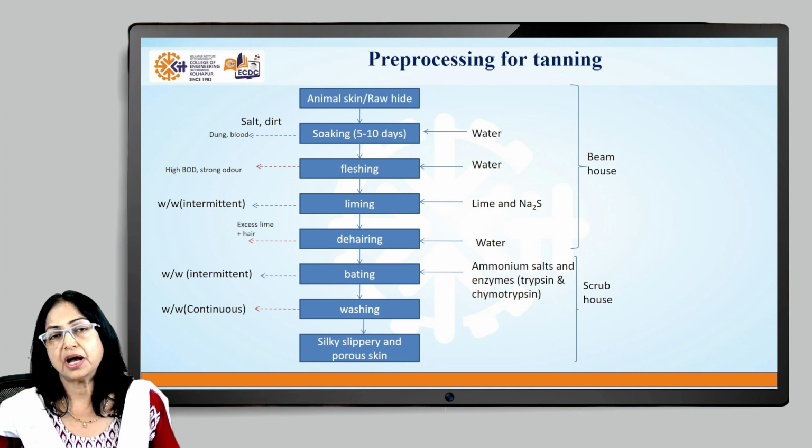The skin is then washed and what you get is silky, slippery and porous skin. When we started, it was hard, dry skin with salt, but pre-processing yields silky, slippery and porous skin.